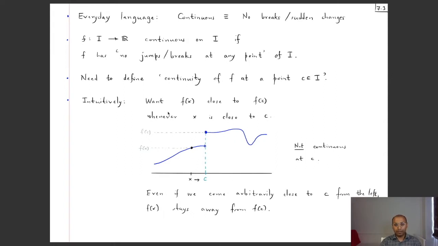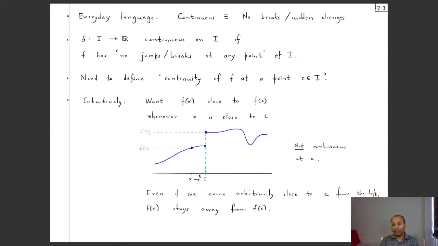So what we actually want is that f(x) should stay close to f(c) whenever x is close to c. And that's not happening over here, because this is the value f(c). If I'm close to c but above c, then as I approach c, indeed the values are staying close to f(c).